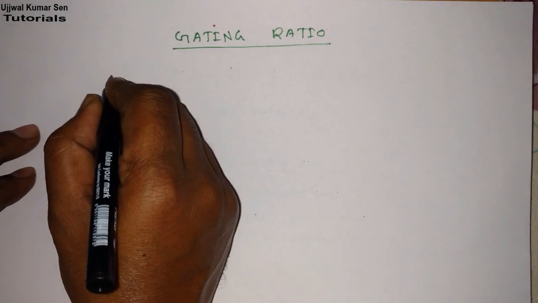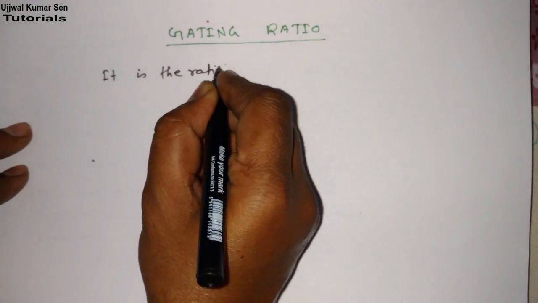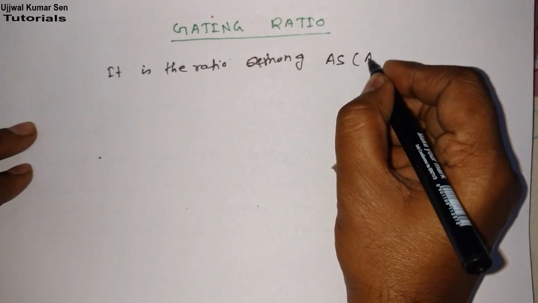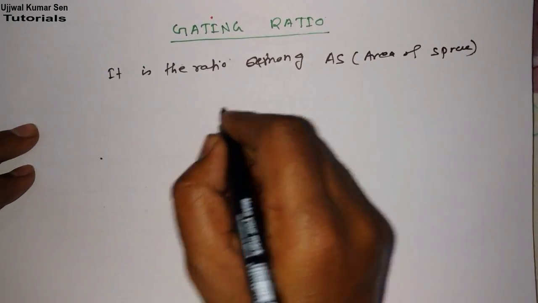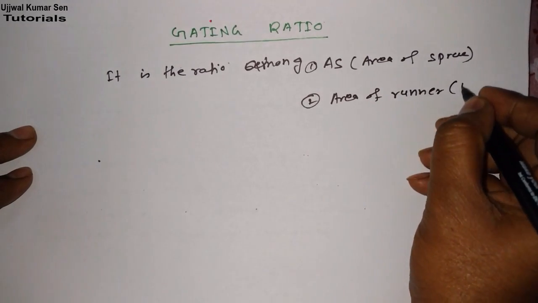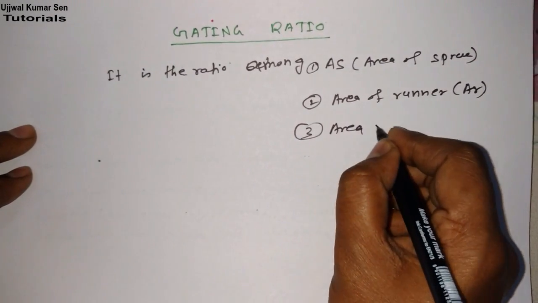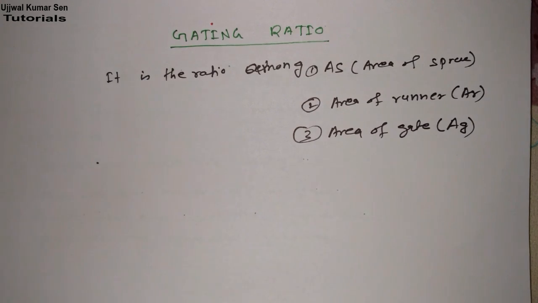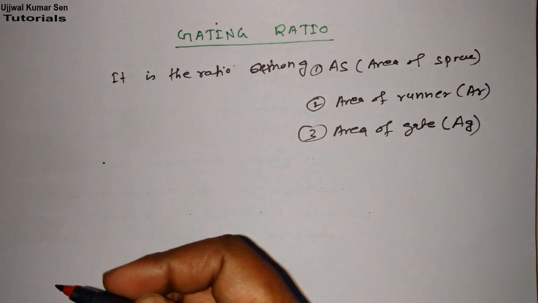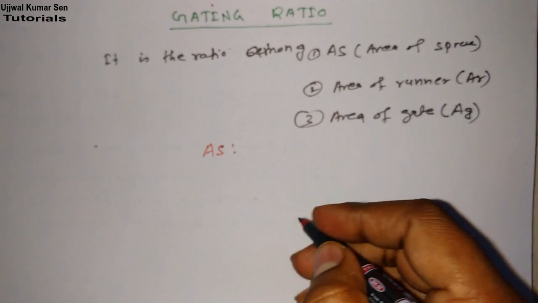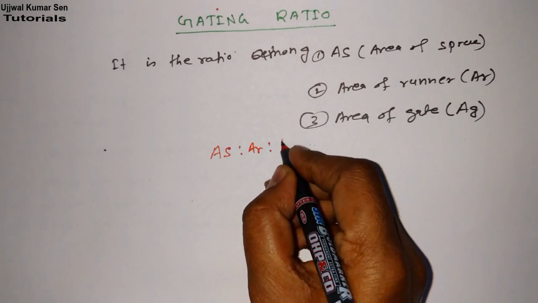So basically what is this? It is the ratio among three things: first, area of sprue, AS; second, area of runner, AR; and third, area of gate, AG.